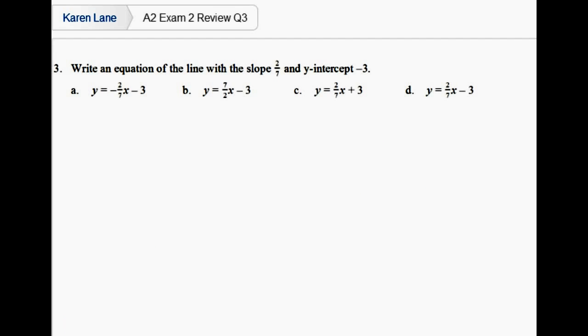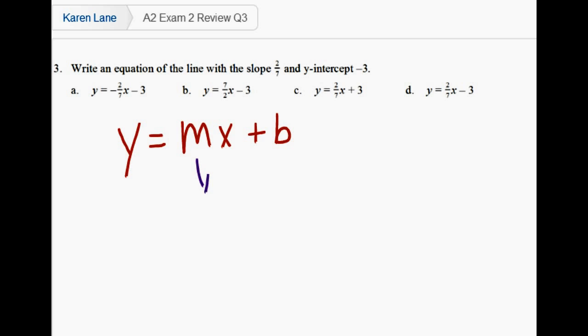Write an equation of the line with slope 2/7 and y-intercept -3. Okay, so the form of the equation is y equals mx plus b. And in this slope-intercept form, m stands for slope, which they gave us.